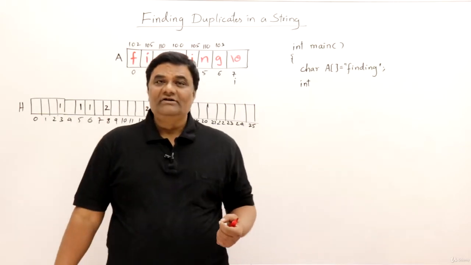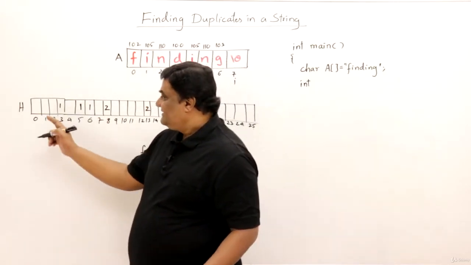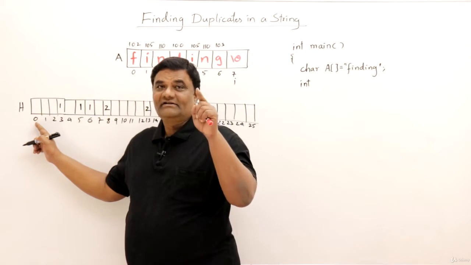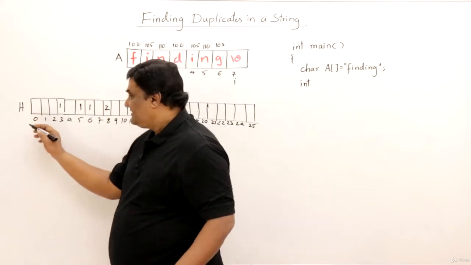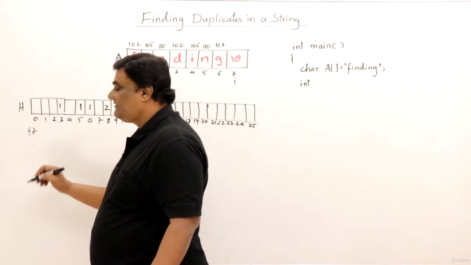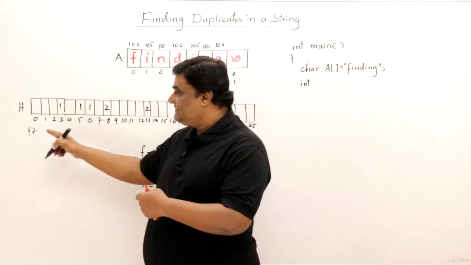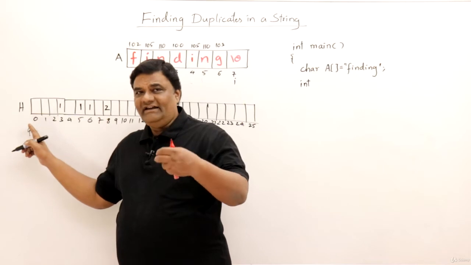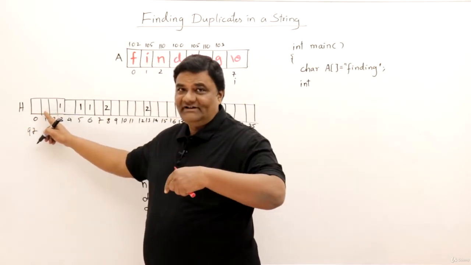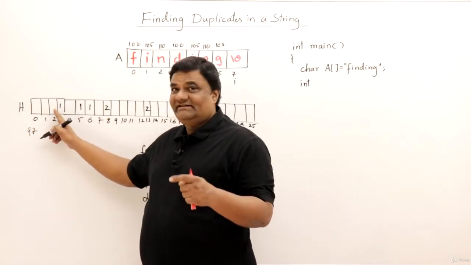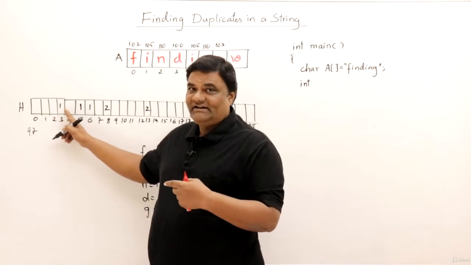Now we have the counting of all the alphabets. See, first is representing 0. 0 means 0 plus 97, because we have subtracted 97. Now add 97 to this one. 97, A is 0 times. Then plus 1, 98. B is 0 times. C is also 0 times. D is 1 time.